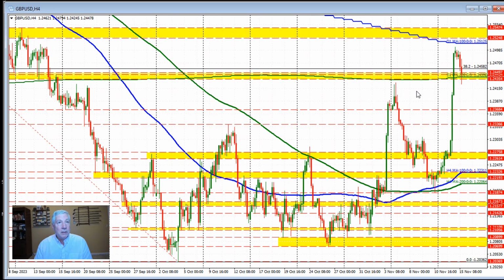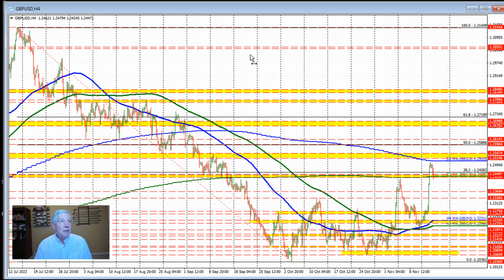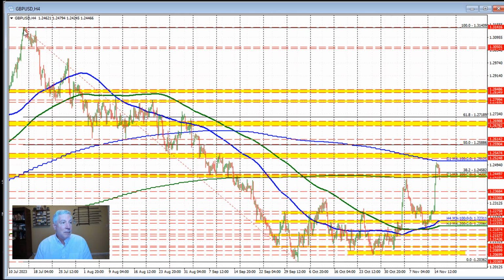So we'll be watching that level in the short term, also the 38.2% retracement of the move down from this high going back to the month of July to the low that we saw in the month of September. 38.2 comes in at 1.2458. That may be a close resistance level for this pair as well. The 200 bar moving average on the 4-hour chart is also in play, as you can see that green line in this chart.